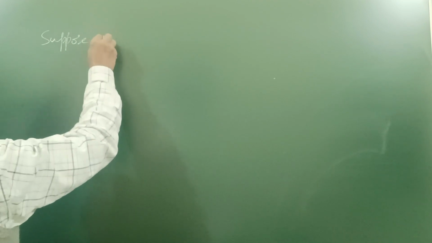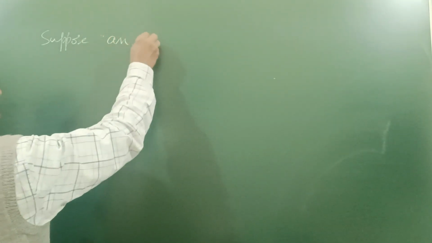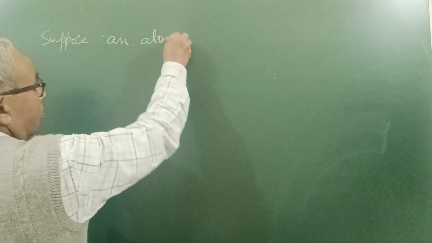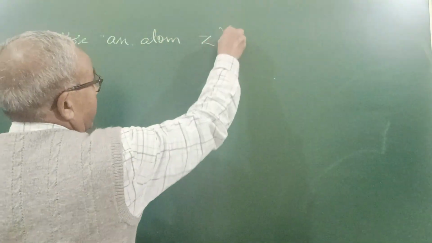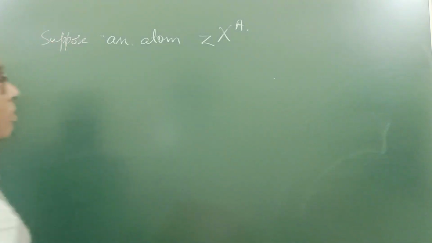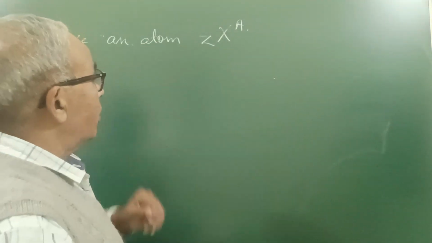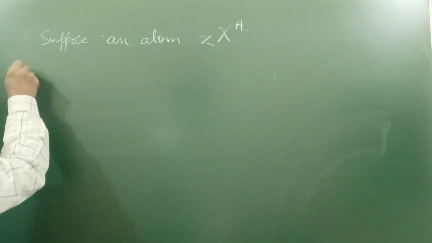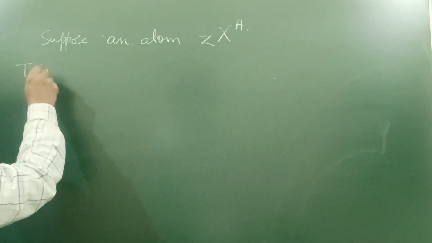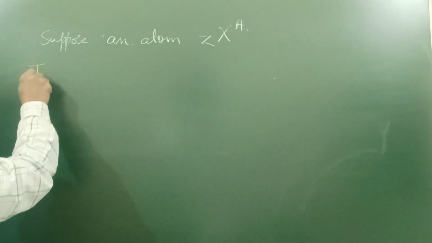Now, suppose we have an atom ZXA, where Z is the atomic number.